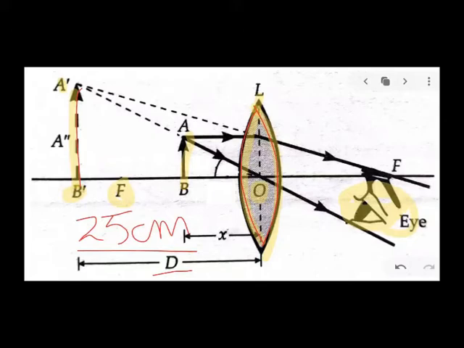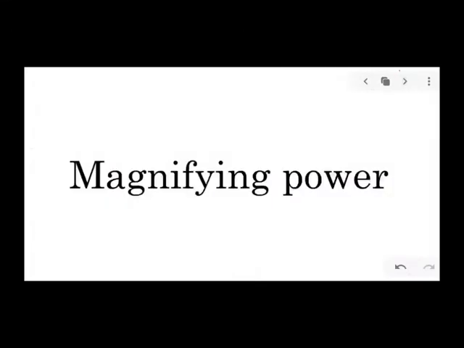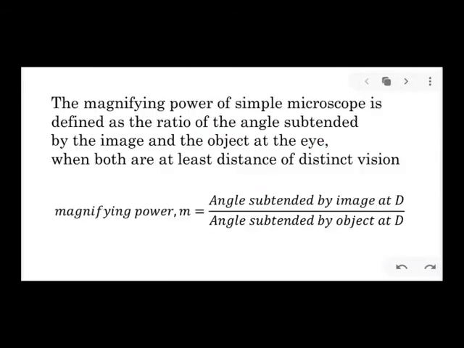Now we'll proceed to magnifying power. The magnifying power of a simple microscope is defined as the ratio of the angle subtended by the image and the object at the eye when both are at the least distance of distinct vision.